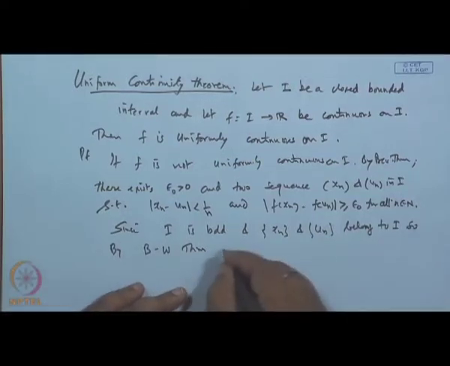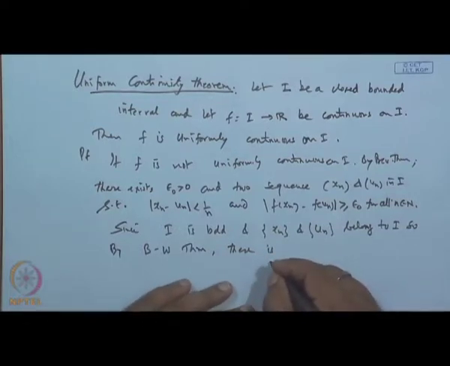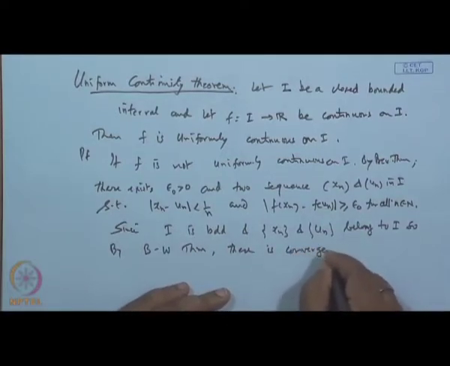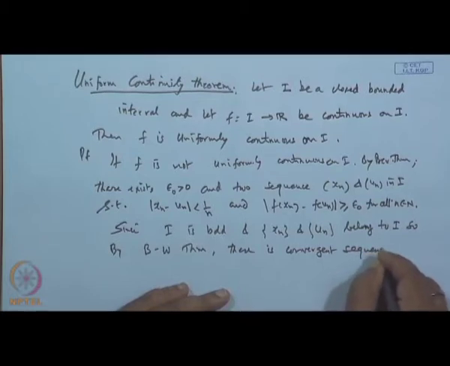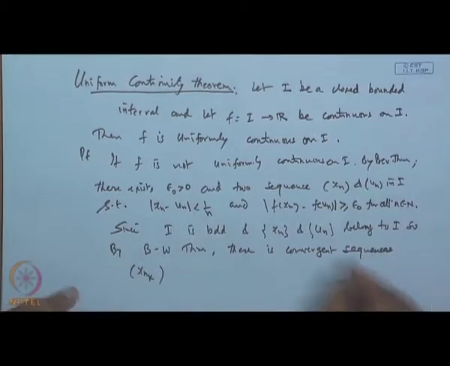So there are convergent subsequences, say x_{n_k}, and there is also a convergent subsequence of u_n.